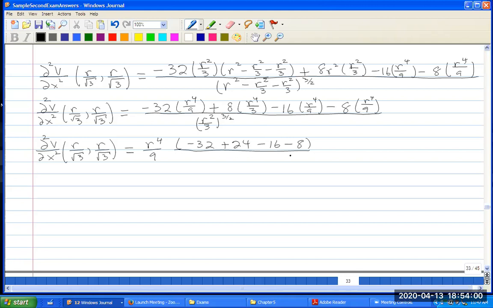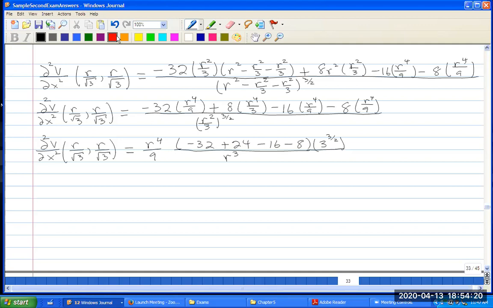So I have an r cubed. Divided by, so let's bring this on the top, 3 to the 3 halves.